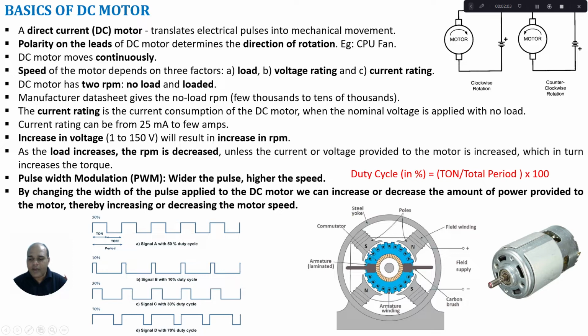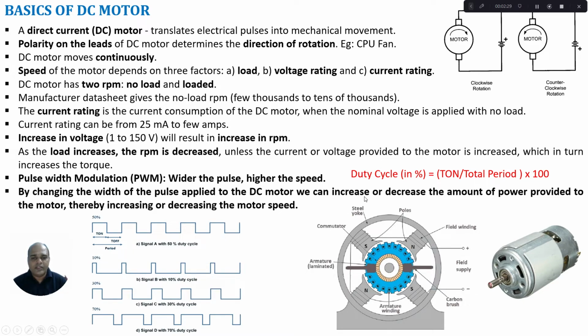When we apply current to the coils in the rotor, it produces a magnetic field and distorts the magnetic field produced by the stator windings. Due to this distortion, a torque is induced and the rotor starts rotating. That is the basic principle behind a DC motor.